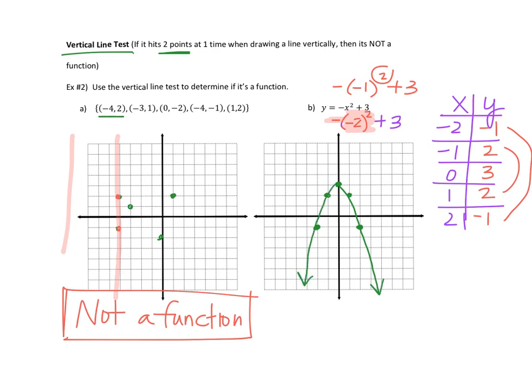If we try to draw a vertical line with the points that we have here, we hit 1 there, 1 there, 1 there, 1 there, 1 there. A parabola is constantly moving outward still, so it's never going to hit 2 points at the same time vertically. So we would say, yes, this is a function.